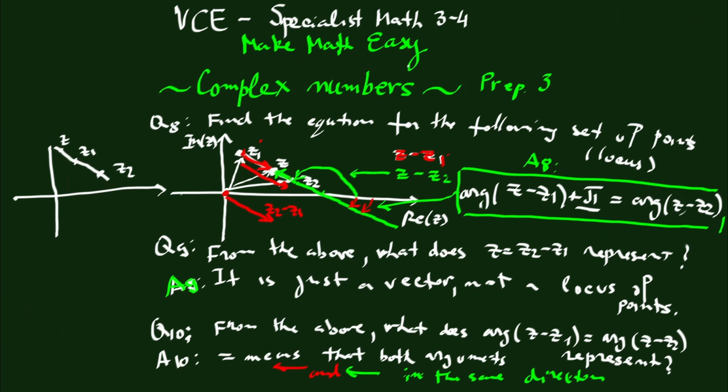So let's see, the first was red. So the direction was z minus z1, so z1 pointing to z, argument is z minus z1, and that's that way. So now, if you change the colors, what's z minus z2? Z minus z2 is from z2 to z, sorry, that's that vector.